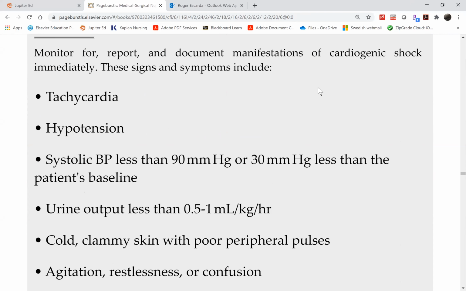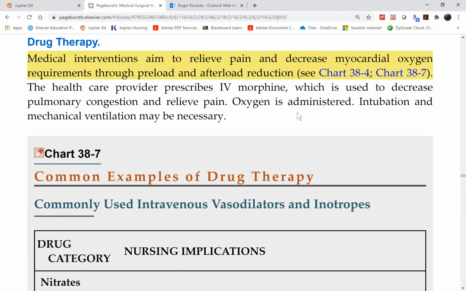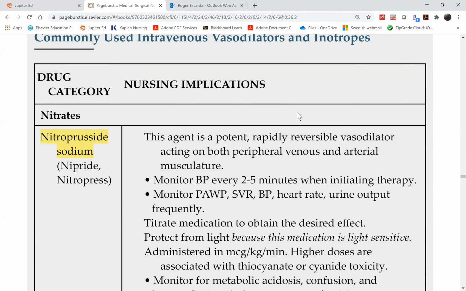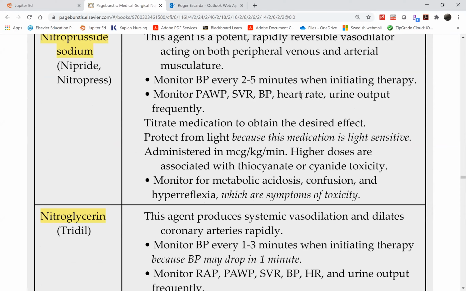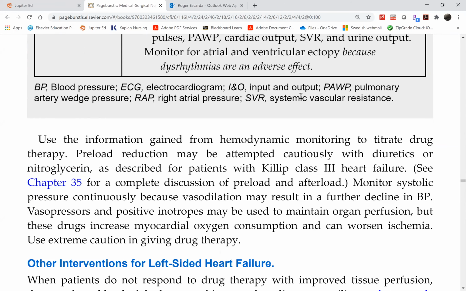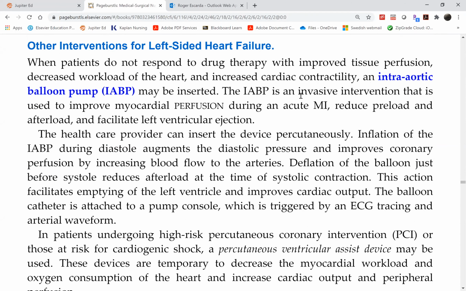We'll come back to chapter 38 when we get to shock, chapter 37. This chart here is for treating cardiogenic shock, so I'll skip that for now and come back to it in chapter 37. I'm not testing the other interventions, so we'll skip this part here.